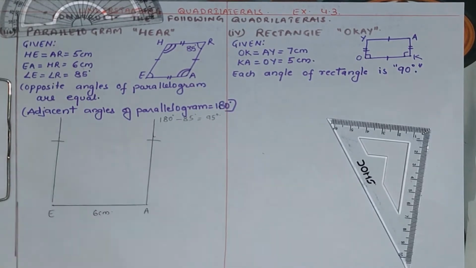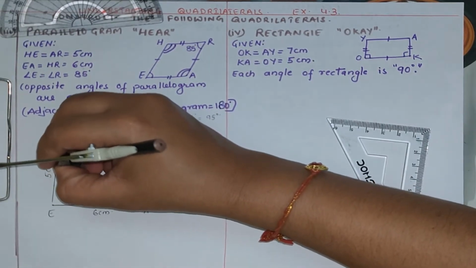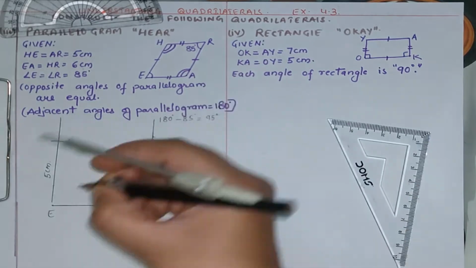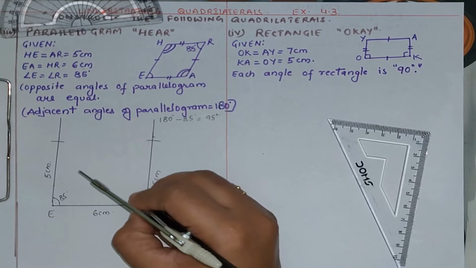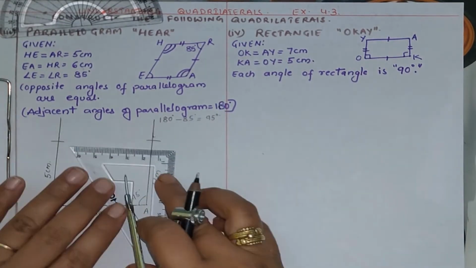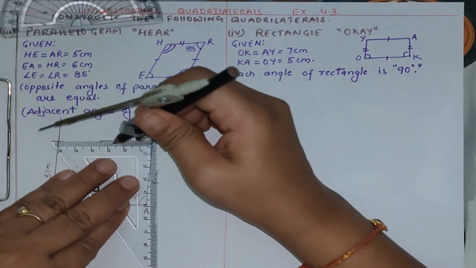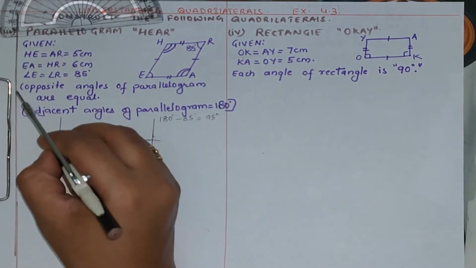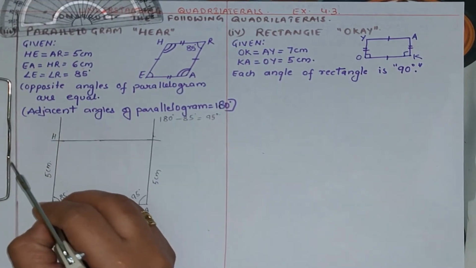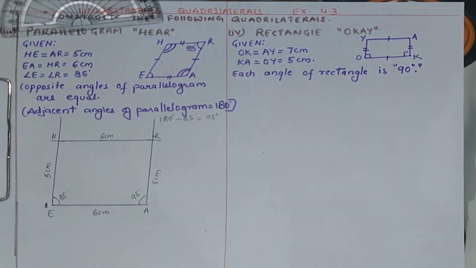So cut an arc like this, and then here you will get 5 centimeter, 5 centimeter, 85 degree, 95 degree, and then join these lines. So here you are with your constructed parallelogram H, E, A and R. In this way you have completed your parallelogram with the given dimensions.